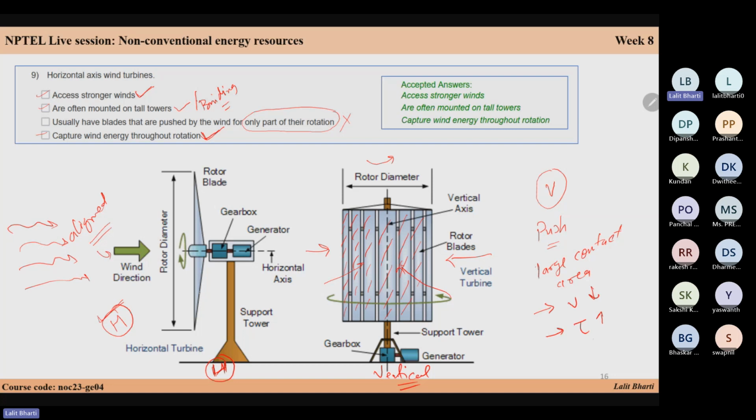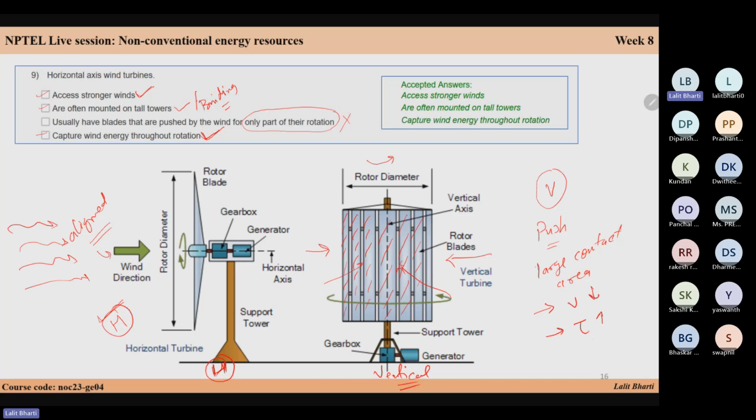So you can say that the horizontal type can access stronger wind in comparison with the push type or vertical type, because in that case your torque transferred from air to windmill will be much higher, and your windmill will suffer a lot of pressure on its blades, and they can either break or be damaged. Then the second statement: often mounted on tall towers.